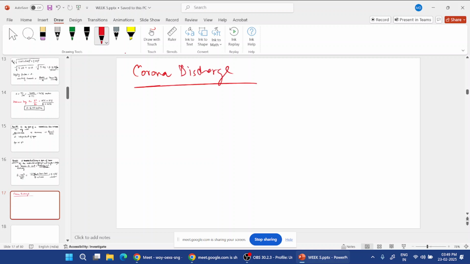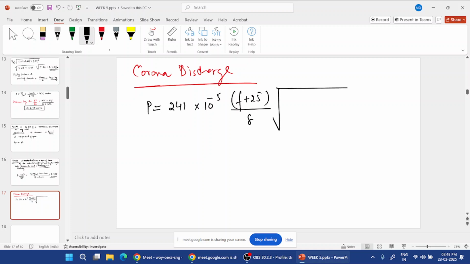It is 241 into 10 raised to the power minus 5, times (f plus 25) divided by delta, times under root r by d, times (Vp minus Vo) all square, kilowatt per kilometer per phase.